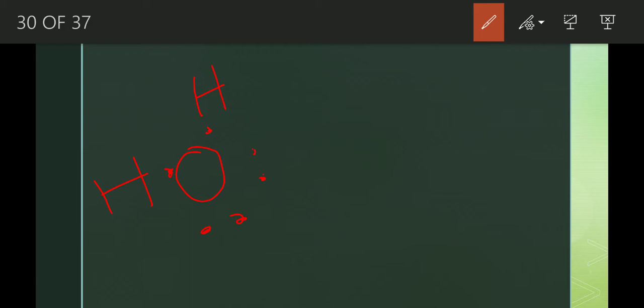And hydrogen has 1 valence electron, 1 and then 2. So as to complete the octet, these 2 pairs of electrons will be shared. But these 2 pairs are the lone pairs; they are not taking part now. But when we add an H plus ion, what will happen?